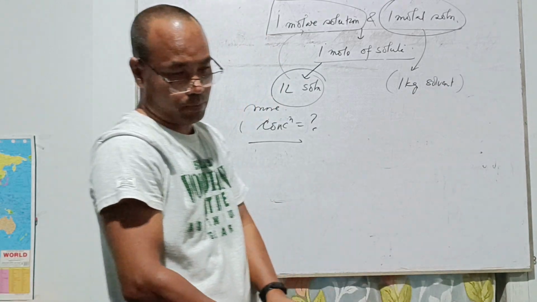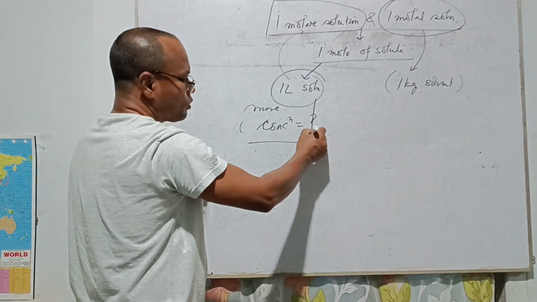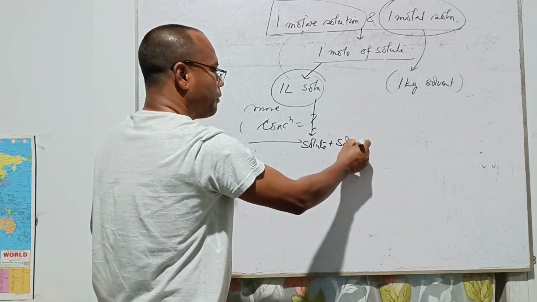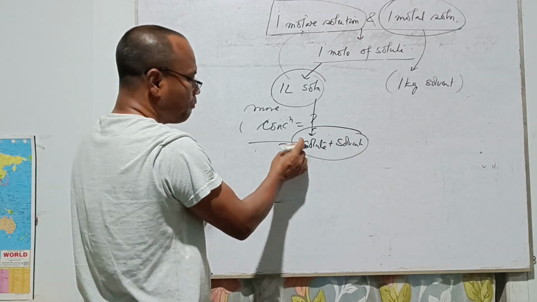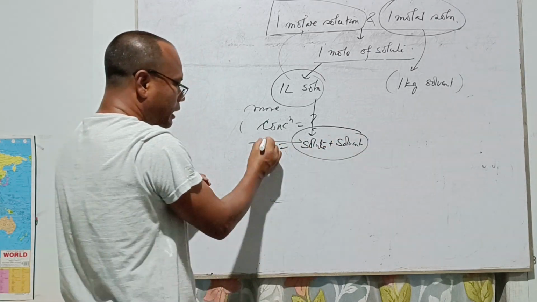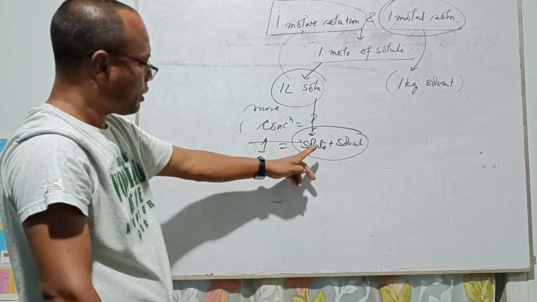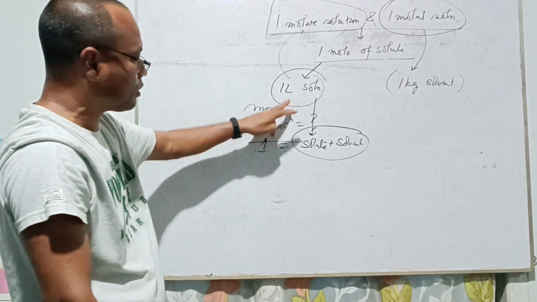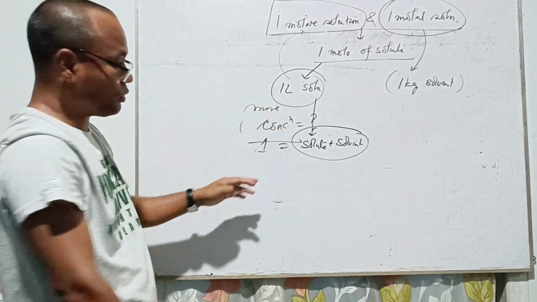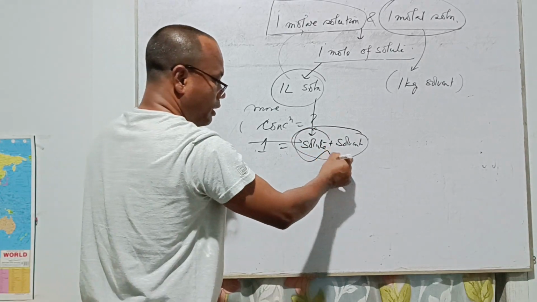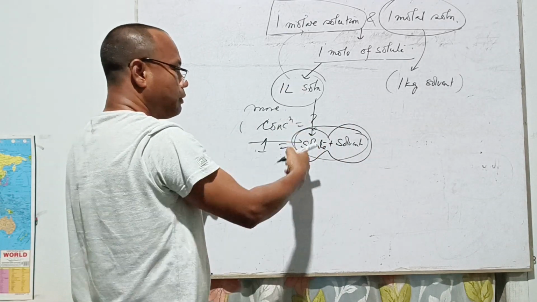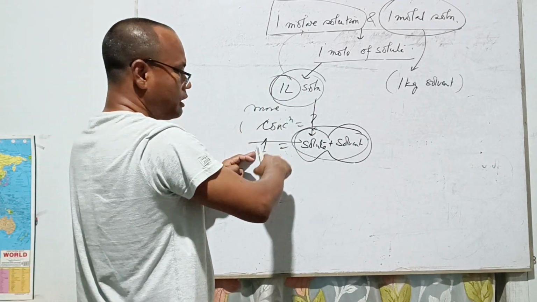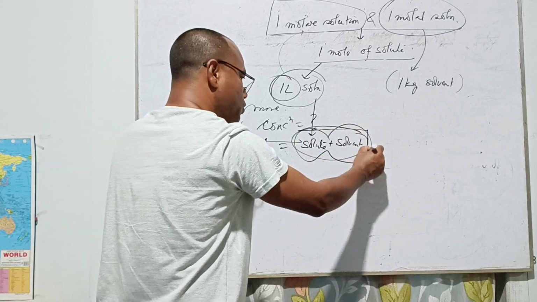Now a solution, as you know, is the solute plus the solvent. So the sum of the solute and solvent is 1 liter. That means the solvent is not totally 1 liter, because the solution is the sum of the solute and the solvent.